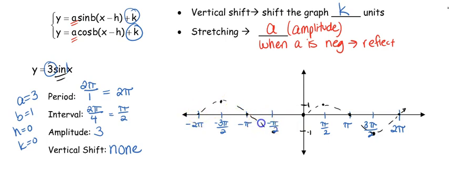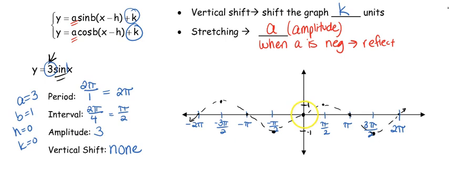Again, this is the exact same sine graph that we did on the first page. I'm doing a dotted graph of that because that's not the graph we're doing. We want the sine of 3x. What that A value of 3 is going to do is cause a stretching. We're stretching that graph out by a factor of 3.